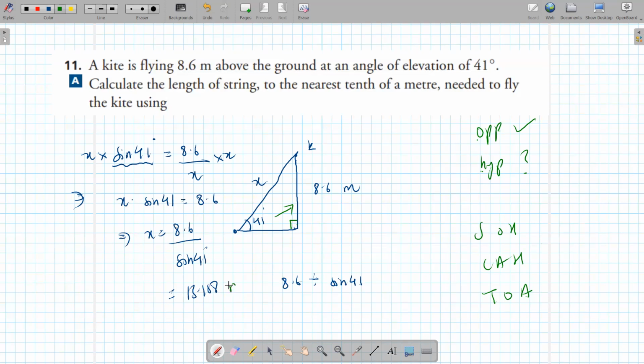Yeah, that's just meters. Nearest tenth. What does that mean? You round it to how many decimal places? Just one? Yeah, so this should be 13.1 meters. So that's the length of the string, okay? And a quick verification, this has to be longer than the height, right? Because it's the hypotenuse, which it is, so I guess we've done it right.